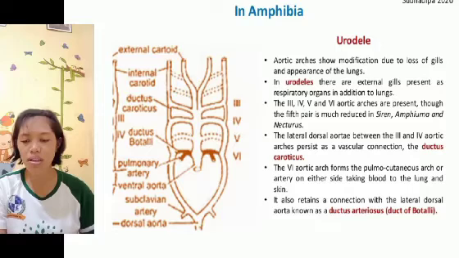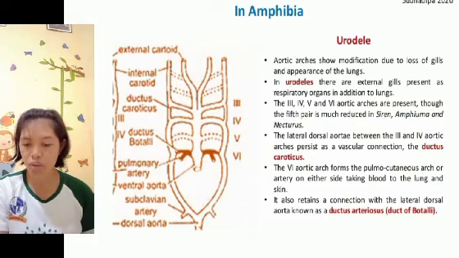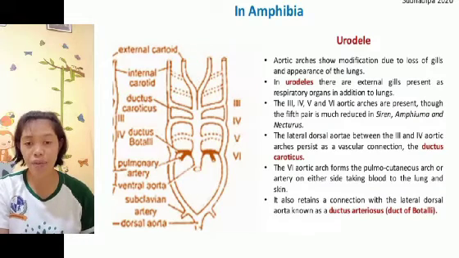Now in urodeles, there are external gills present as respiratory organs in addition to lungs. The 3rd, 4th, 5th and 6th aortic arcs are present, though the 5th arc, or the 5th pair, is much reduced in Siren, Amphiuma, and Necturus. Notice the 3 and 4 here.